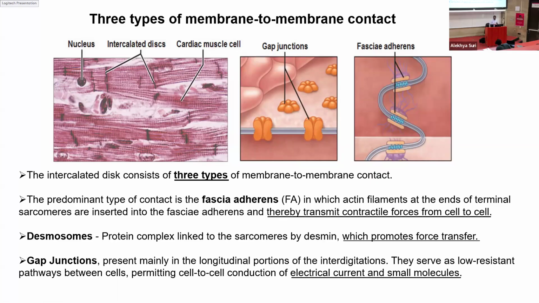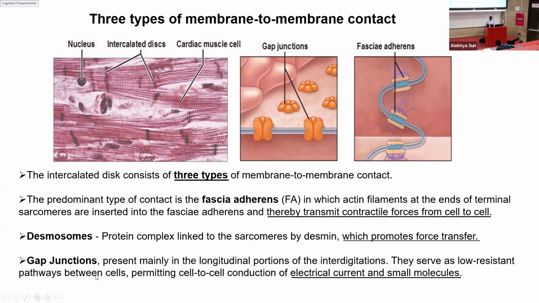So if one cardiac myocyte contracts, it will transmit the force to the adjacent myocytes through the desmosomes. Both fascia adherens and desmosomes transmit the force from one cell to another for the coordinated contraction of the muscle.